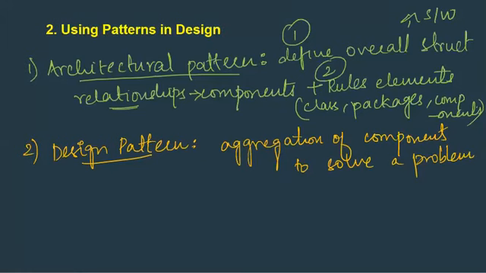So this is going to tell you how you're going to combine the different elements, the different components, so that you can solve a problem. Now the aggregation is also a relationship. The aggregation symbol is represented by a straight line and a hollow diamond.